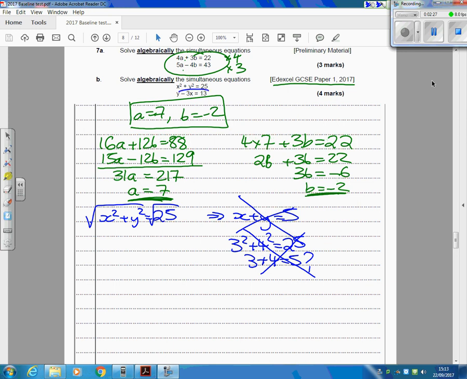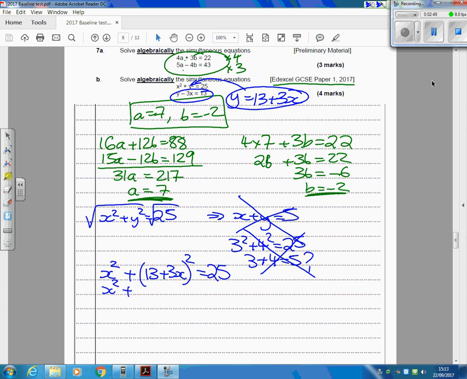What you had to do here was rearrange this to make y equals 13 plus 3x. Then you drop this in here. So our next line is x squared plus (13 plus 3x) all squared equals 25. Squaring the bracket gives us 169 plus 9x squared, but don't forget the middle bits as well.